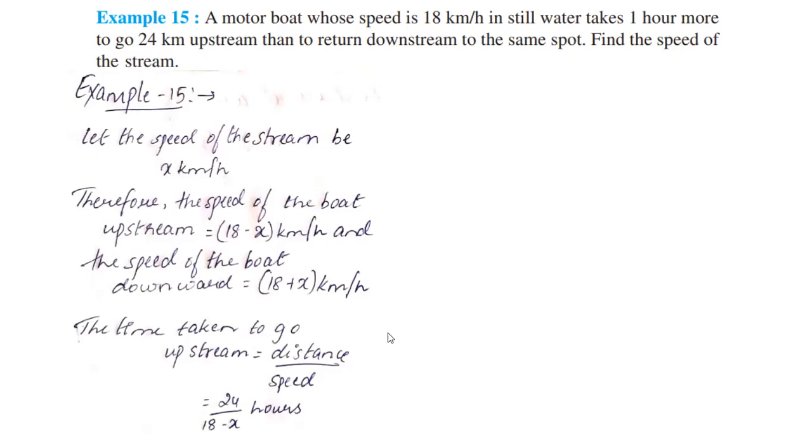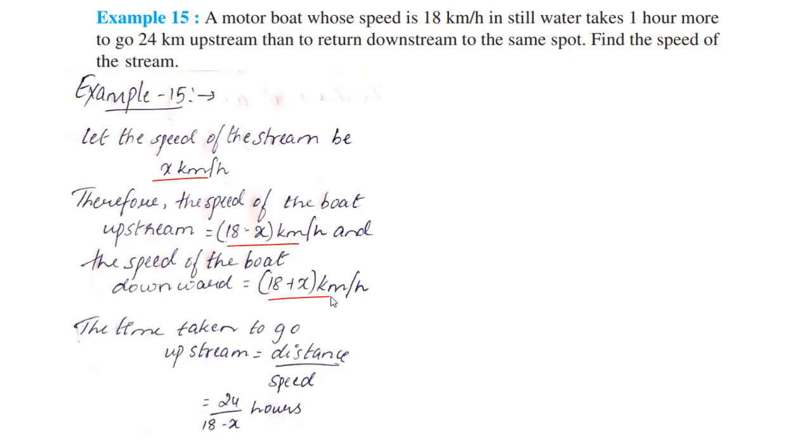Let us assume the speed of the stream to be x kilometer per hour. The speed of the boat in still water is 18 kilometers per hour. So upstream it is 18 minus x kilometers per hour, and downstream will be 18 plus x kilometers per hour.